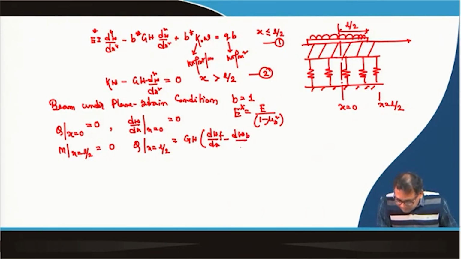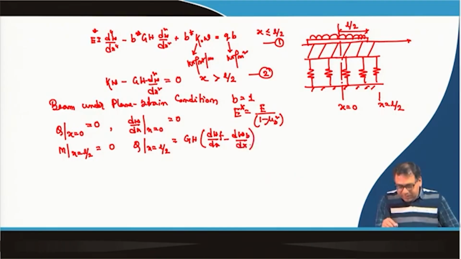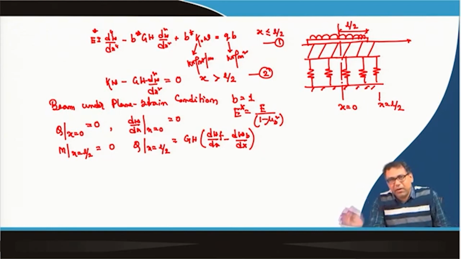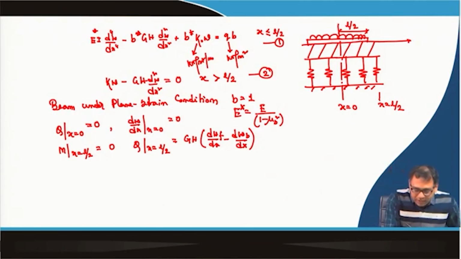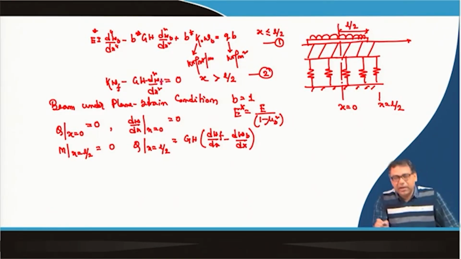b/dx. So, what is the difference between F and B? F is the deformation beyond the plate region and W_B is the deformation within the beam region. So, I should write this is B within the beam region, and this is F beyond the plate region.